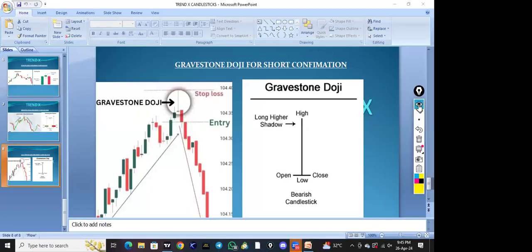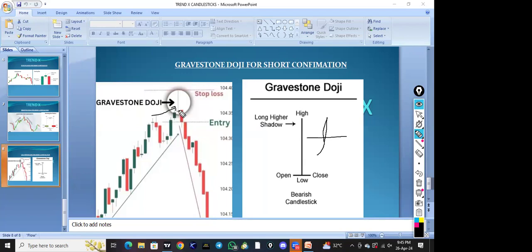Always remember, especially this candle, it will cross resistance first. Don't think that this is the resistance and it will happen till here only. Sometimes it will cross the resistance, immediately come back and close below it.